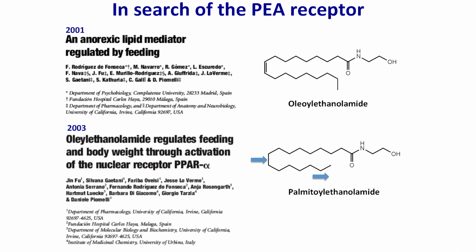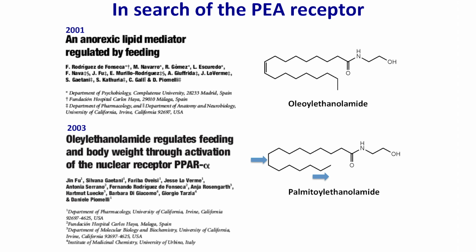We discovered this receptor 2 years later, and it is a receptor called PPAR-alpha, which stands for peroxisome proliferator-activated receptor type alpha. I'll tell you a few more things about this receptor in a moment. But when we discovered that PPAR-alpha was mediating the effect of OEA, we said to ourselves, look, this is the structure of OEA, right?